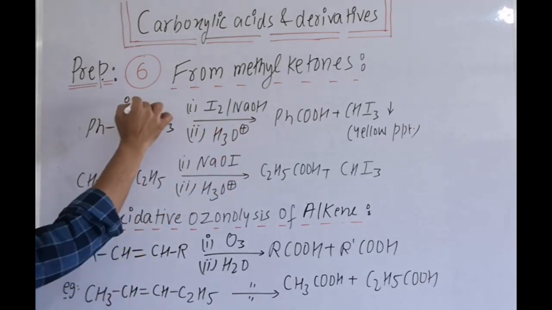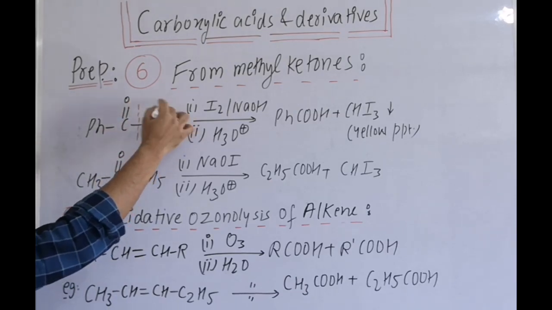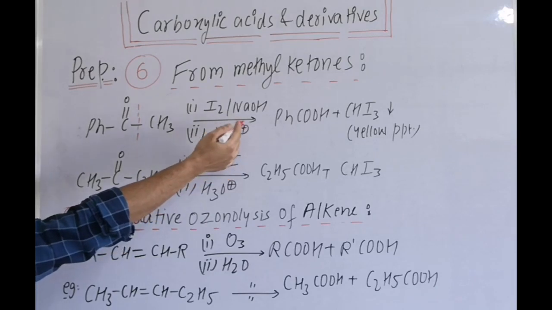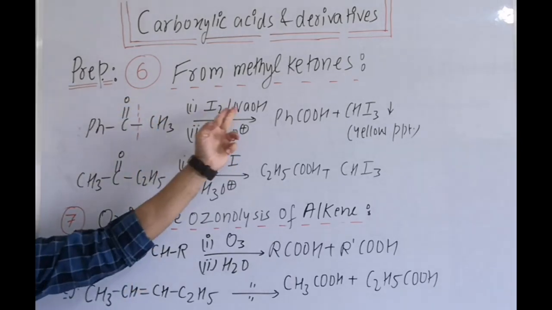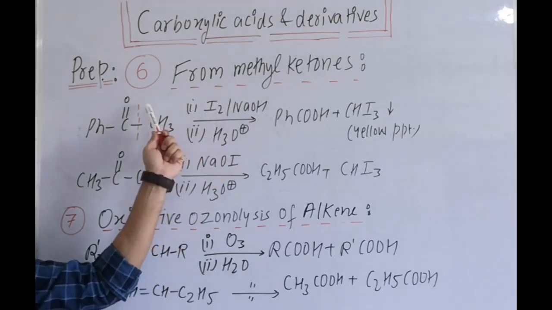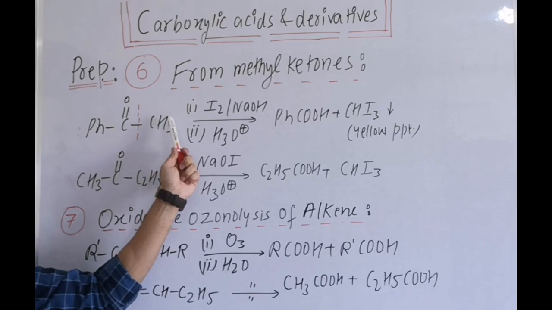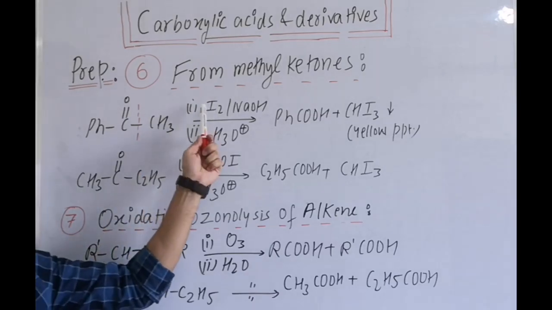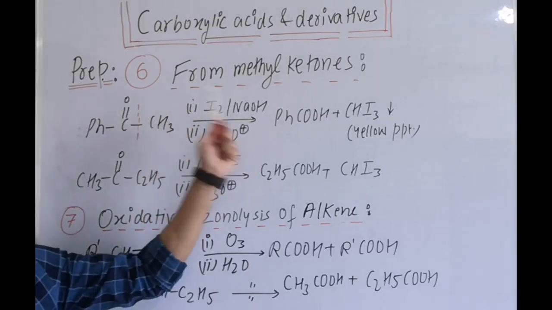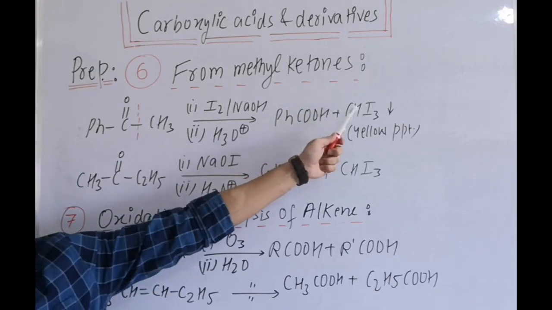If you remember, the bond is cleaved, which gives CI3 minus, and it forms PhCOOH. Then, due to the basic medium, COO minus is formed, and CHI3 is formed, which is iodoform formation. So in this step we first form PhCOO minus, the salt of benzoic acid, plus CHI3.